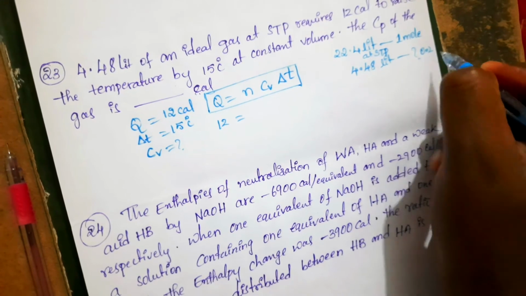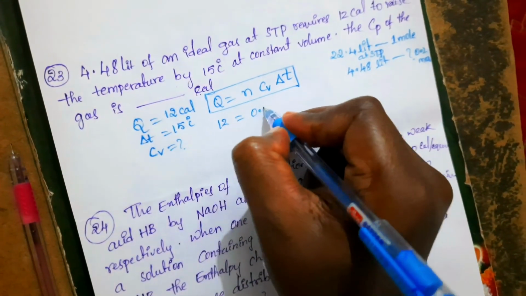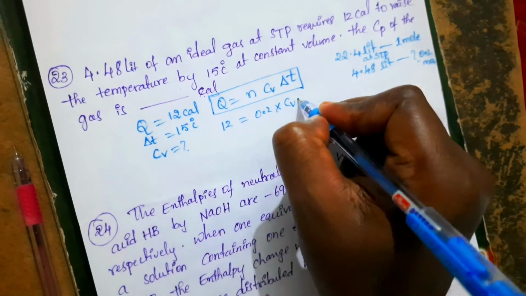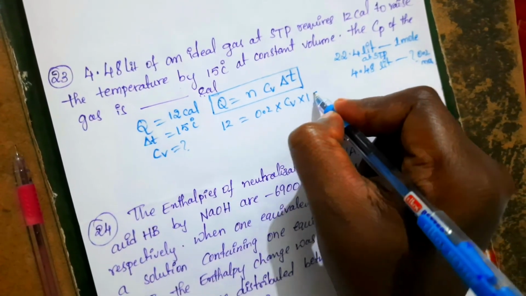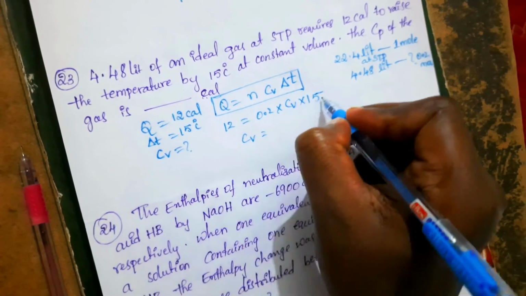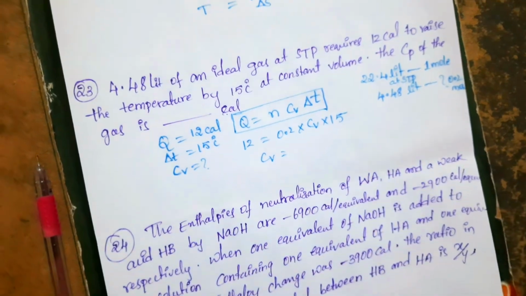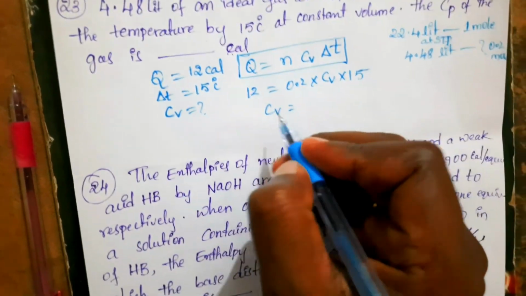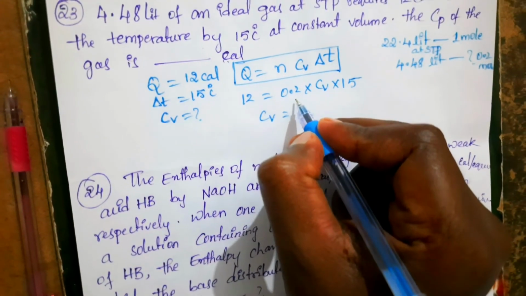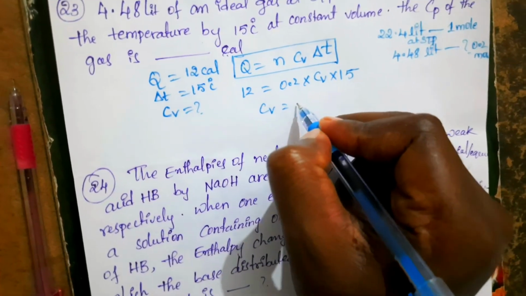So 0.2 into Cv into delta T is 12, and delta T is 15. So Cv is equal to 12 by 3.0, which is nothing but 4.